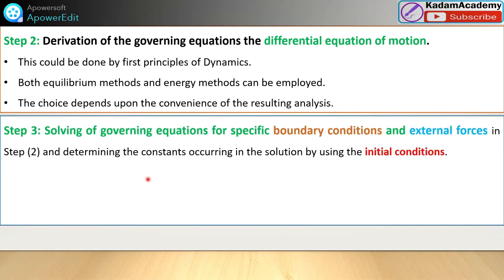The next step will be solving the governing equation for specific boundary conditions and external forces. In this third step, there are difficulties while solving vibration systems with a high degree of freedom and complexity. To solve the governing equation, various techniques are there: Laplace transformation, matrix method, or numerical method.